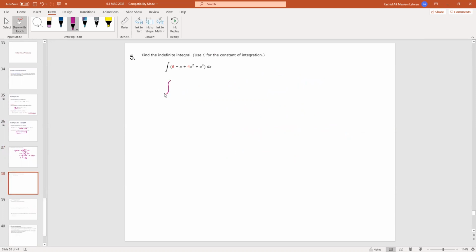As you see, this one, we can do each term by itself because we have a sum. If you have a sum or difference, you can do that. This one has a multiple, and this one is the ex. So the antiderivative for a number is just the number with the x.